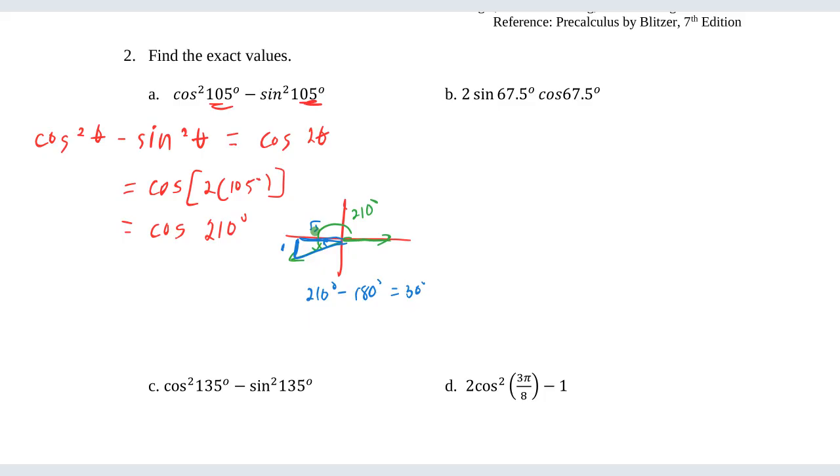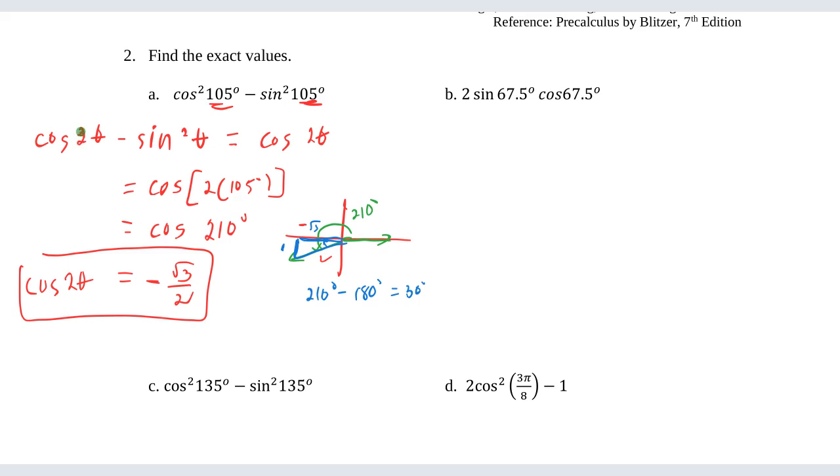So if we are to evaluate cosine 210 degrees, this is going to be a negative sign because the cosine is negative in quadrant 3. Since x here is negative radical 3, that's going to be negative radical 3 over the hypotenuse, which is 2. All right, so there you go. That would now be our cosine double angle, 2 theta.